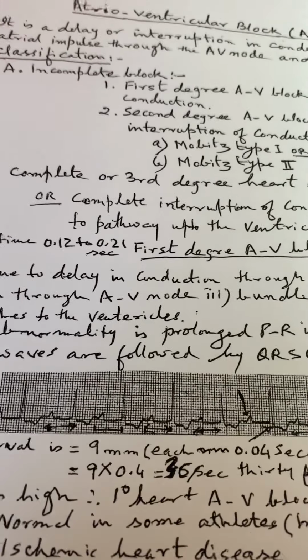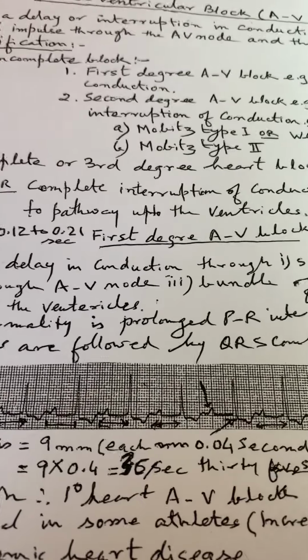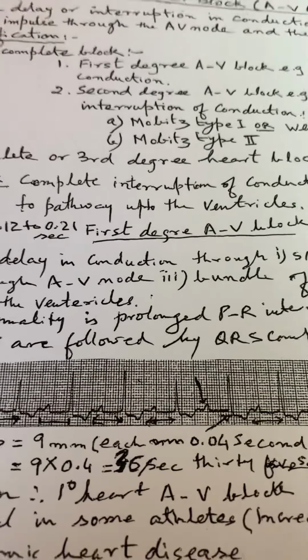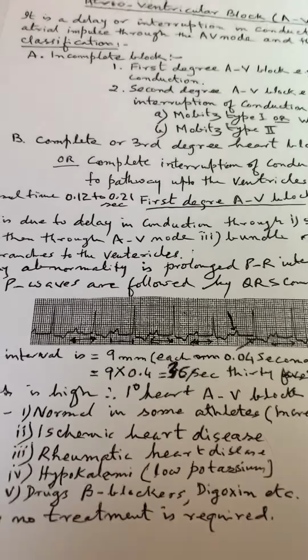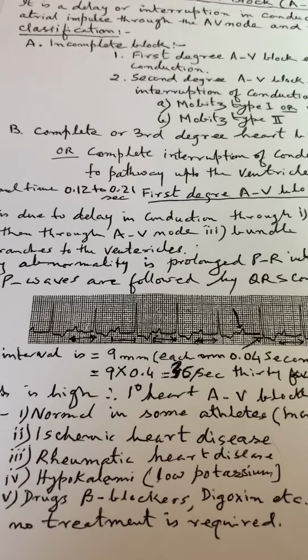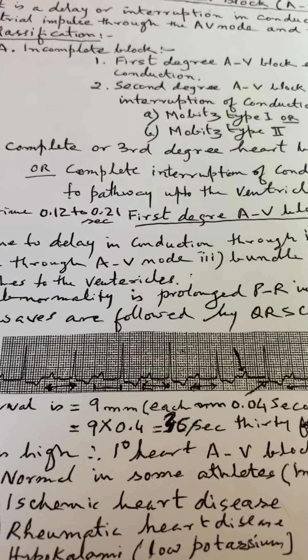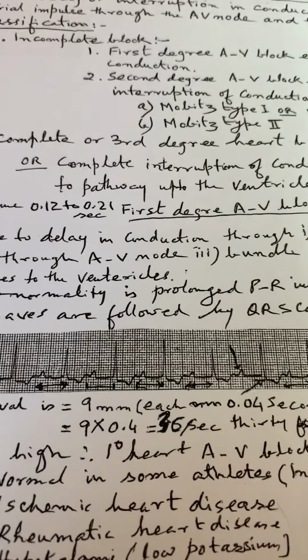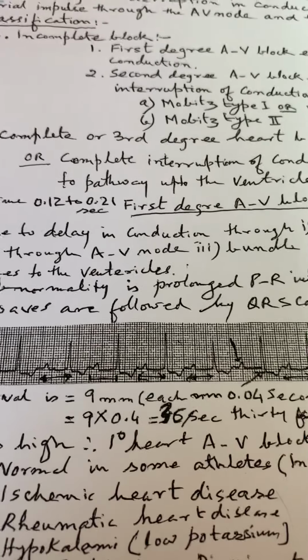Then we go to the first degree heart block. This is also known as first degree AV block. I told you the normal time of conduction in the AV node or down is 0.12 to 0.2. Each vertical line or horizontal line is 1 millimeter apart, and the horizontal line, that is the x-axis, is for the time.